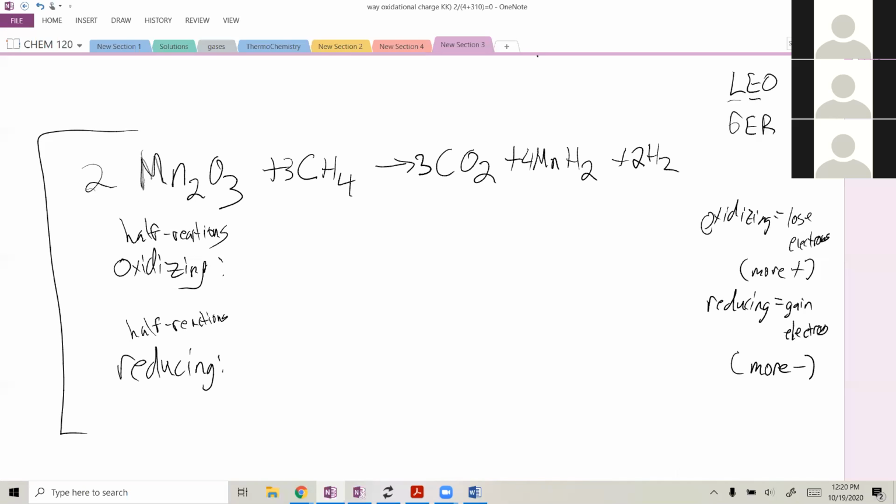I want you to go through, find your oxidation numbers, and then we're going to create those half reactions. Your goal in your breakout rooms is just to figure out who's oxidizing and who's reducing. You don't have to write those half reactions yet, but you do need to find all of the oxidation numbers for the compounds, really the elements in each compound.